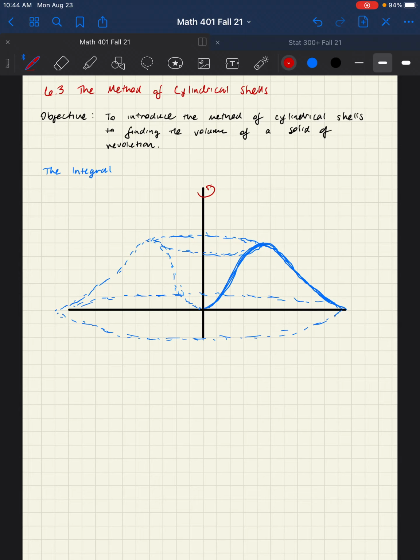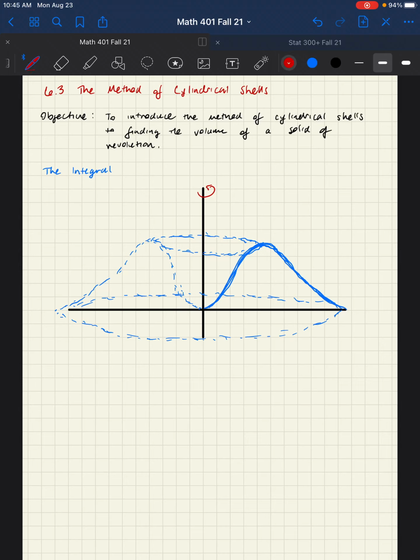And remember that we're going to revolve that around the y-axis, and that is going to create this solid of revolution that I have highlighted using dotted lines. So this region right here is going to sweep out a solid that ends up looking kind of like a bundt cake.